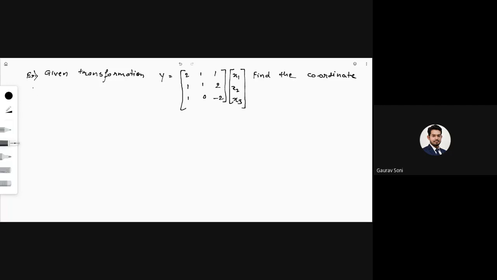Find the coordinates in X corresponding to (1, 2, -1) in Y. Anyone?